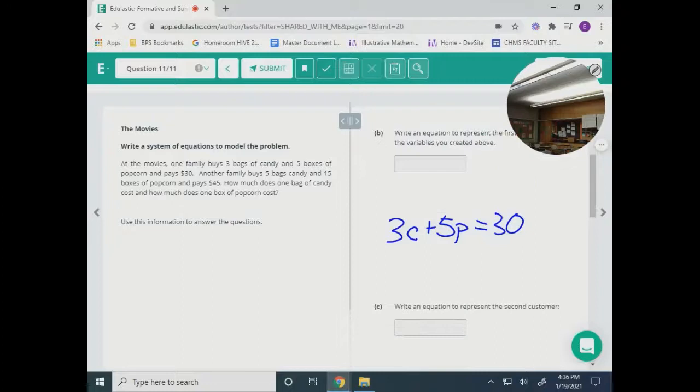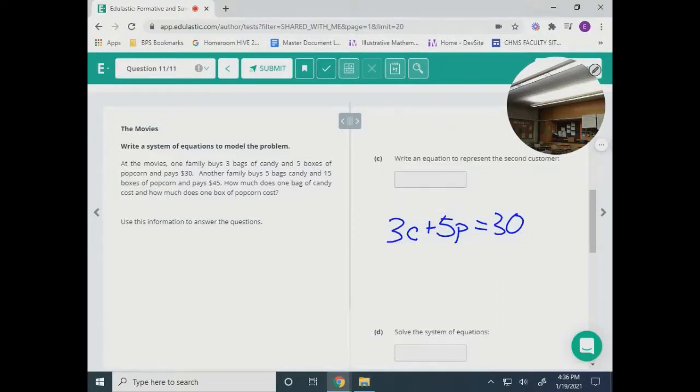Now write an equation for the second customer. The second customer buys 5 bags of candy, 5C plus 15P is equal to $45.